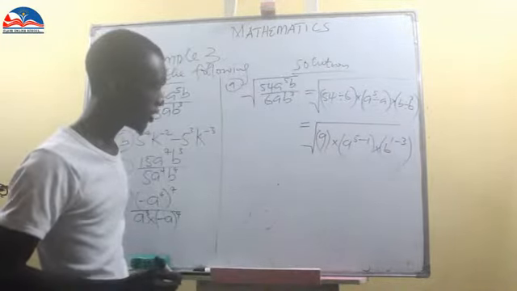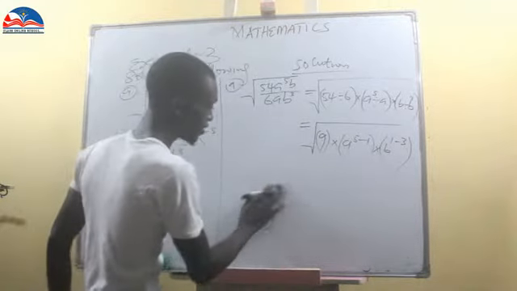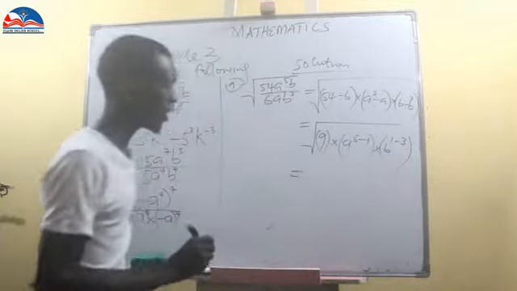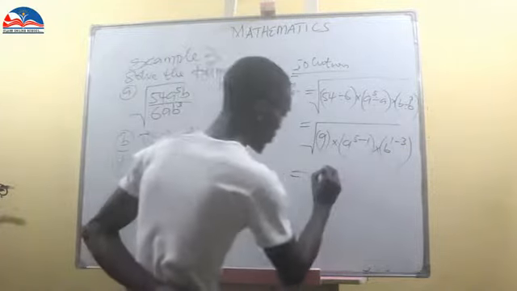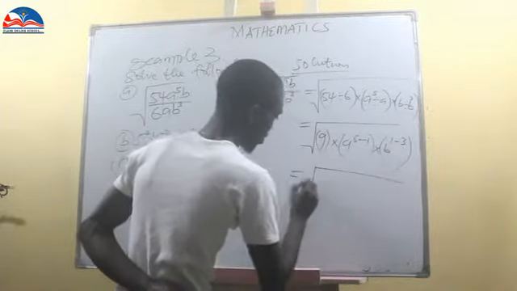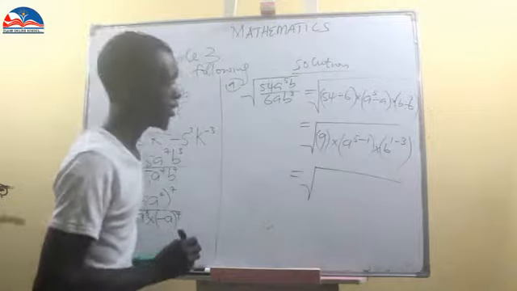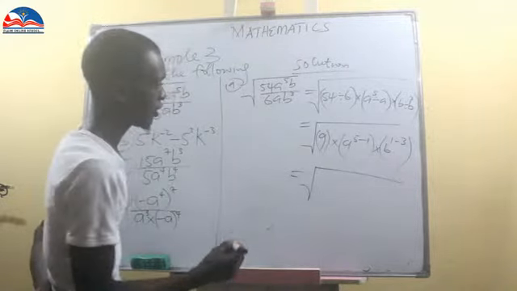Minus 3. Okay, follow me. We are going to add that it is equal to, all enclosed in square, all squared.